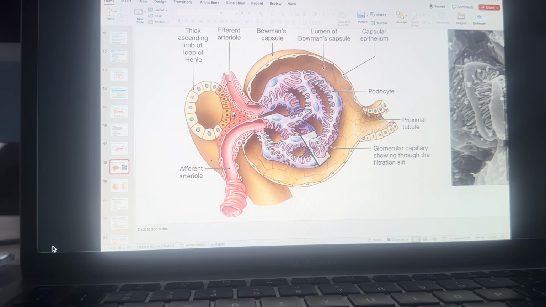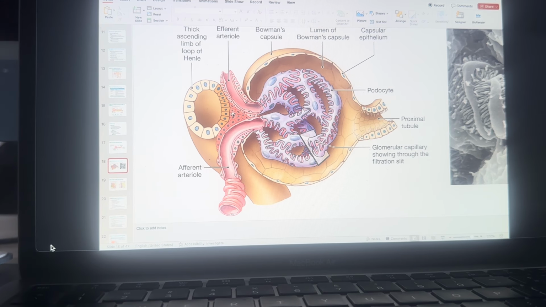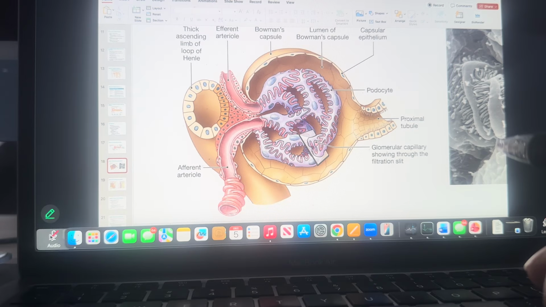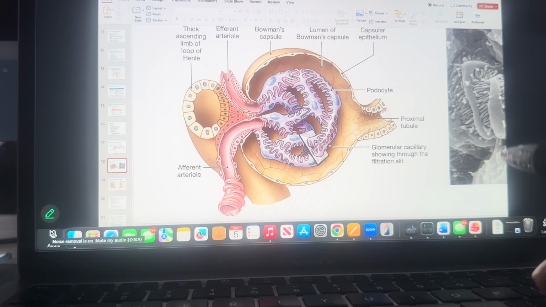What do these cells do? You guys remember the function of these cells? Remember, if you have blood coming into the afferent arteriole, dumping all that blood and plasma into the Bowman's capsule, and then the blood flowing out, the flow of blood slows down here.